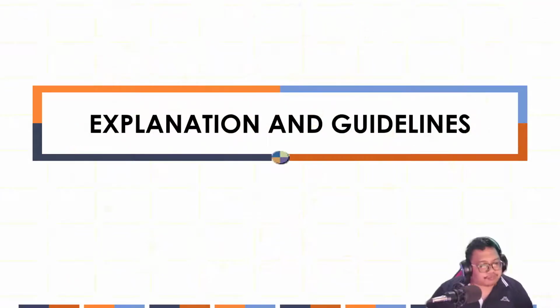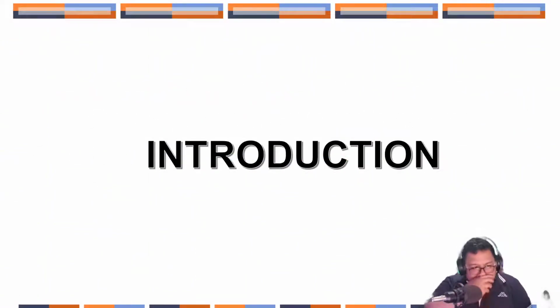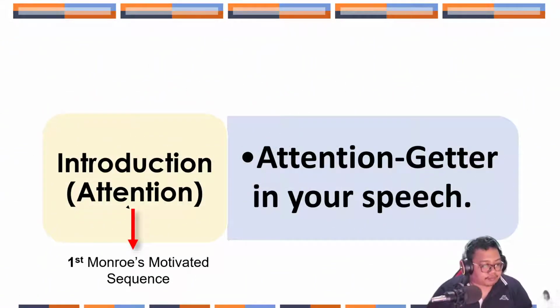Right, next, explanation and guidelines. Okay, so remember that the 5 steps are very important in your portfolio, because you will be writing based on these 5 steps. So in the introduction, when you introduce something, you have to have the first of Monroe's motivated sequence, which is attention.